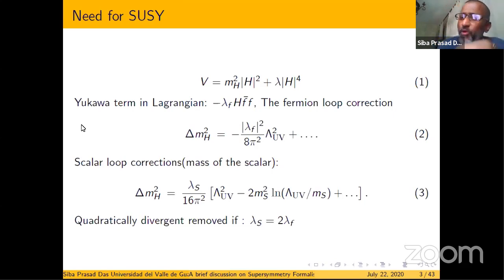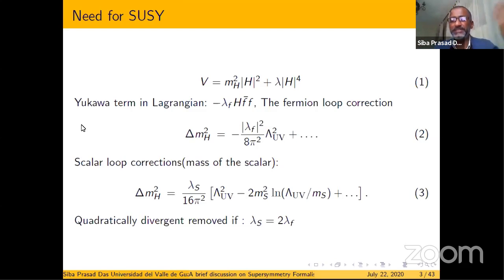But you can have a loop correction to the mass term, which is of higher order. You have a two-point function, and in between it a three-point function makes a loop inside, like a bubble diagram.